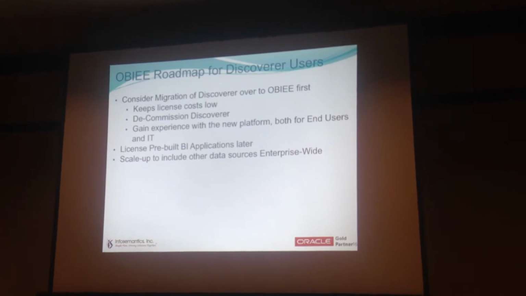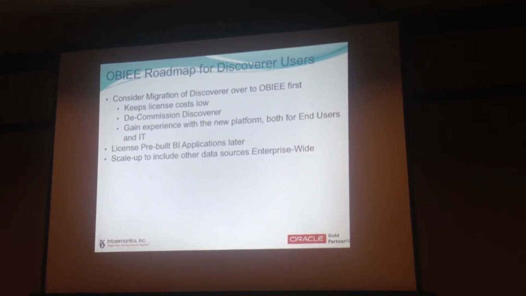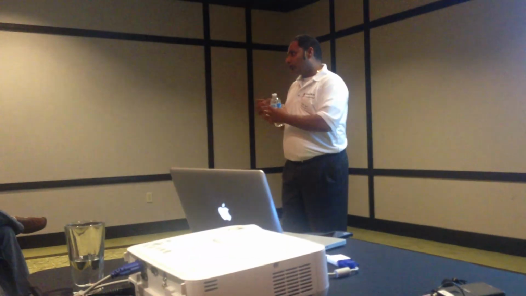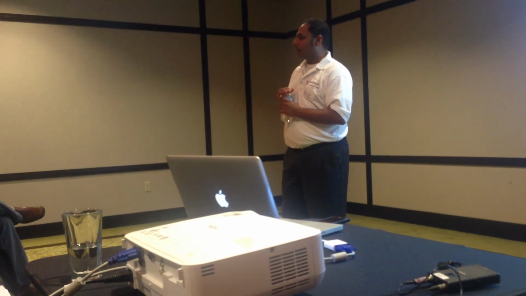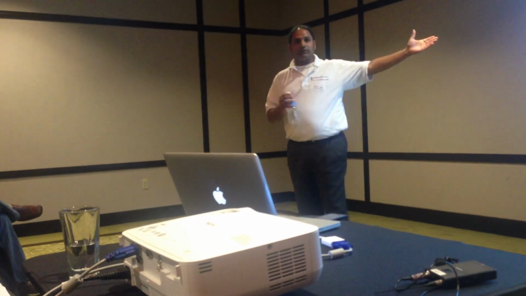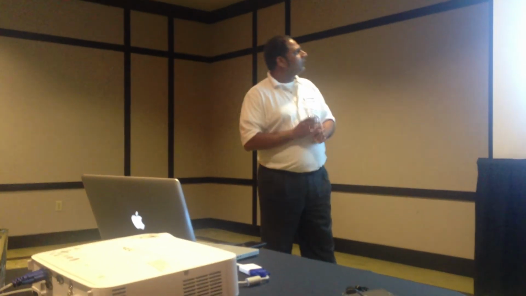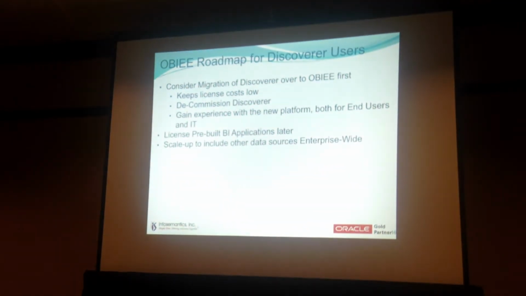First migrate Discover to OBIEE, which is comparatively cheaper than implementing the whole BI apps. Then the users get accustomed to it, and once you start implementing the BI apps, they get used to it better. They'll have better control of the apps part of it, and they'll be able to build better reports. That's what we mean by saying that. So consider migration of Discover to OBIEE first. That's what we recommended and we've been successful.